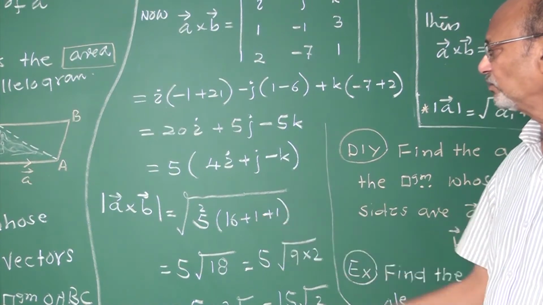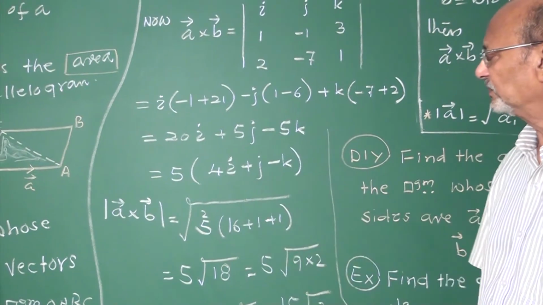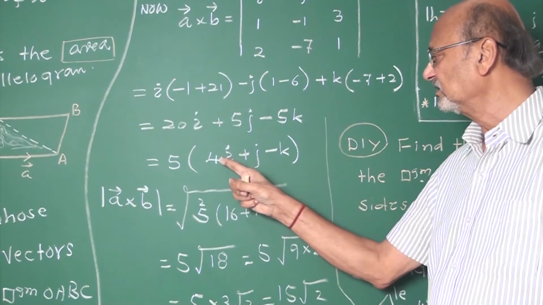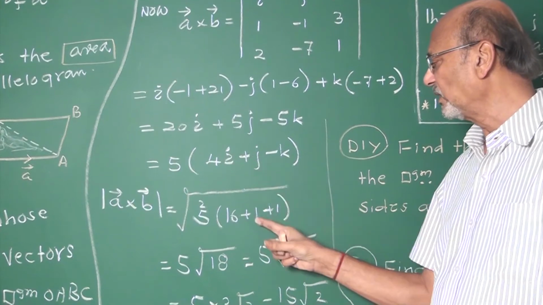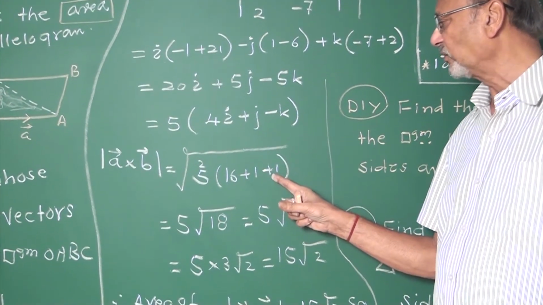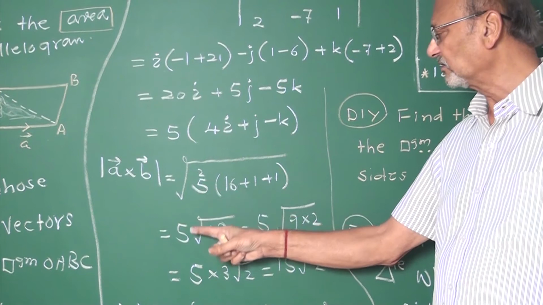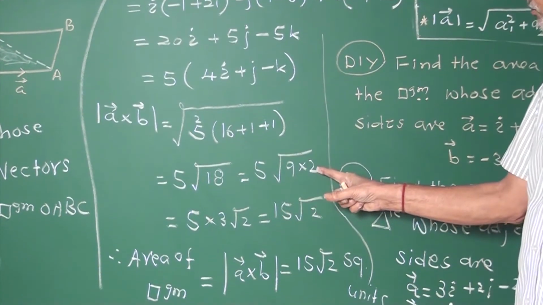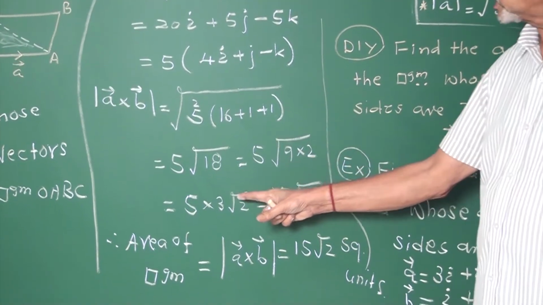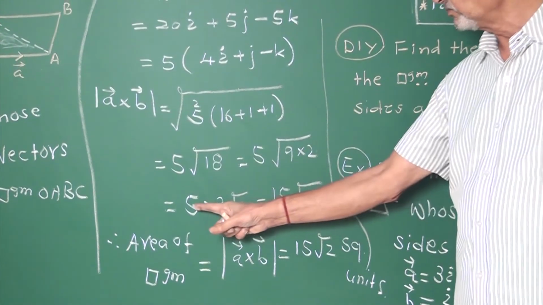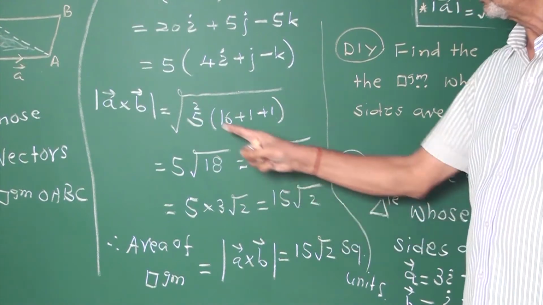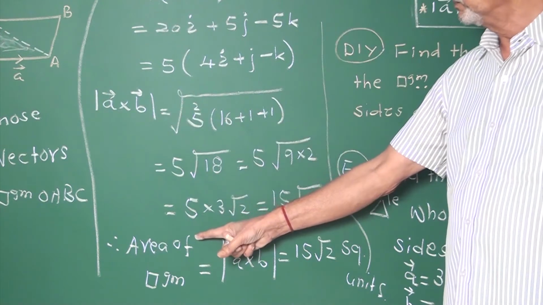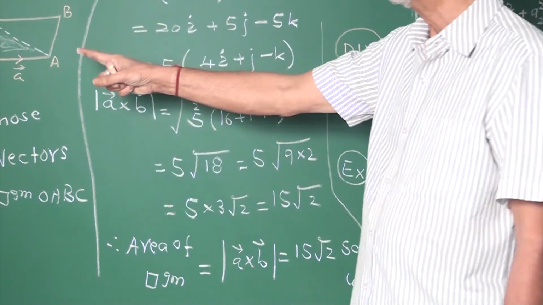Now the magnitude of A cross B is 5 into the square root of 4 square plus 1 square plus minus 1 square, that is the square root of 16 plus 2, which is 18, can be written as 9 into 2. Again the square root of 9 is 3 into root 2. 5 into 3 is 15, root 2 is the magnitude of A cross B. Then what is the area of the parallelogram?